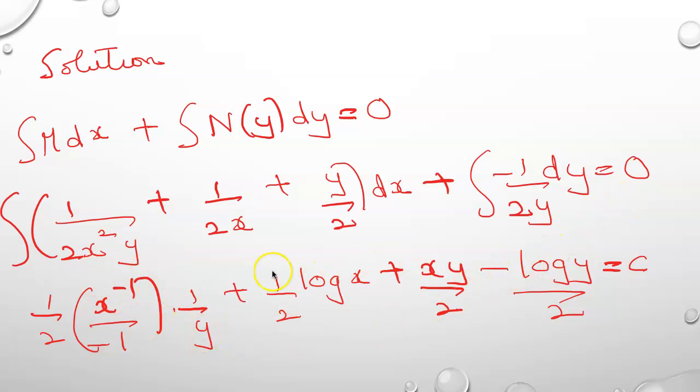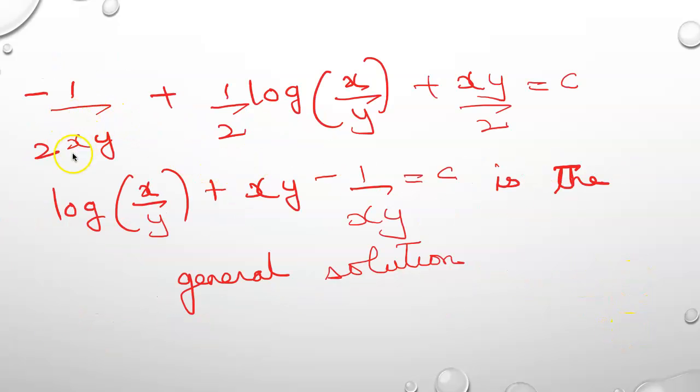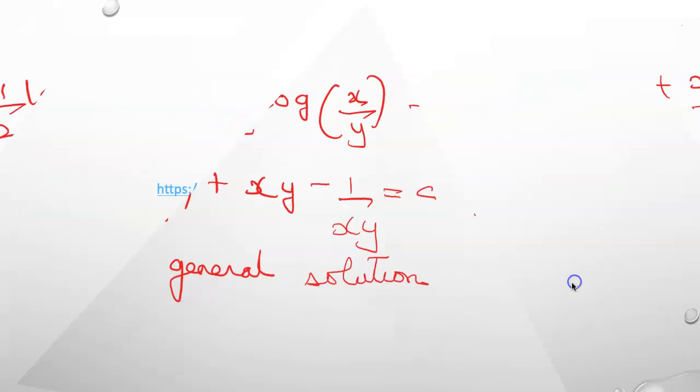So integrating with respect to x, 1 by 2 x raised to minus 1 by minus 1 into 1 by y plus 1 by 2 integral of 1 by x, which is log x, plus xy by 2 minus 1 by 2 log y equal to c. Simplifying, we get minus 1 by 2xy plus 1 by 2 log x by y plus xy by 2 equal to c. Multiplying throughout by 2, log x by y plus xy minus 1 by xy equal to c is the general solution.